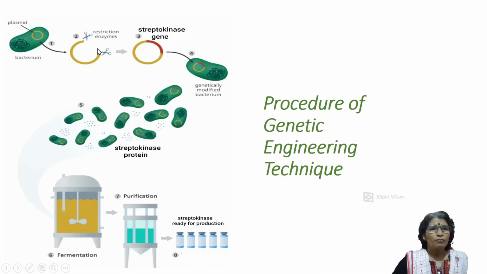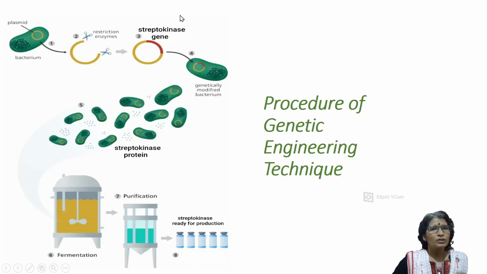Then fusion takes place, and this fusion is completed by the activity of the ligase enzyme. So here this plasmid has the streptokinase gene. Now this plasmid can produce the streptokinase enzyme only. Directly we can use Streptococcus bacteria for the production of streptokinase enzyme, but when we want to use this genetic modification method, what happens?